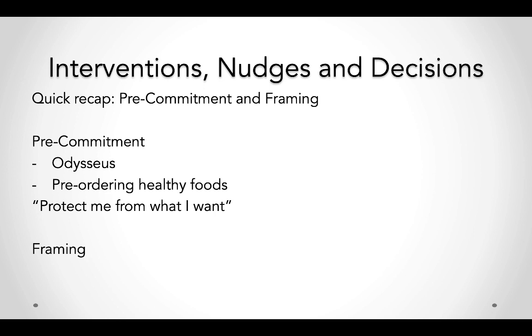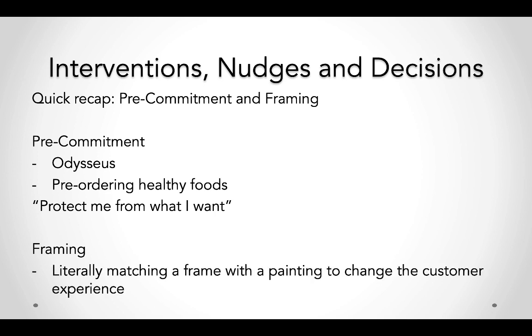Framing, as you know by now, is another super powerful nudge. And literally, if you go to a museum, and maybe you should try this at least mentally, and you see a painting by the old masters, which is huge with a nice ornate wooden frame around it, one of the classics.